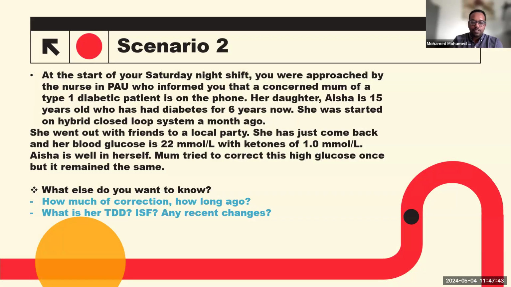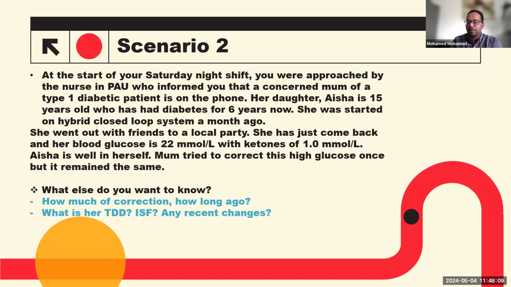With all of this information, if we answer that she was given the bolus 2 hours ago, mom gave the right correction through the pump, and total daily dose is in the pump system, and there have been no recent changes.